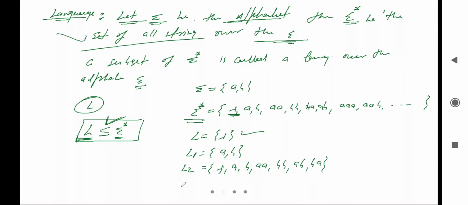And language 3, assume it is aa, bb, aaa. This is also a language because it is a subset of sigma star. And the entire sigma star is also a subset, so that is also a language. Is it clear till this part?